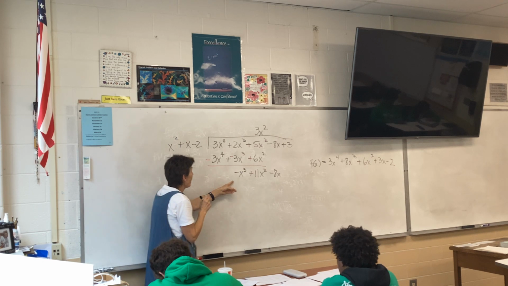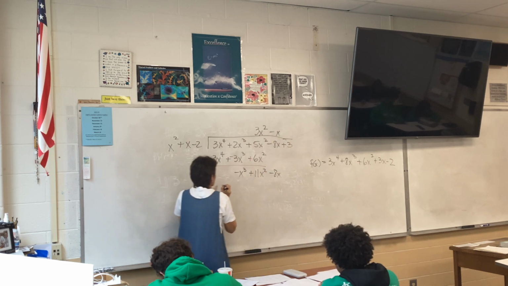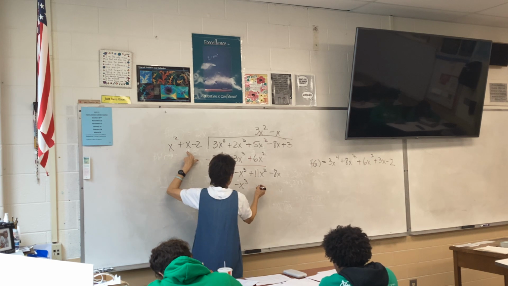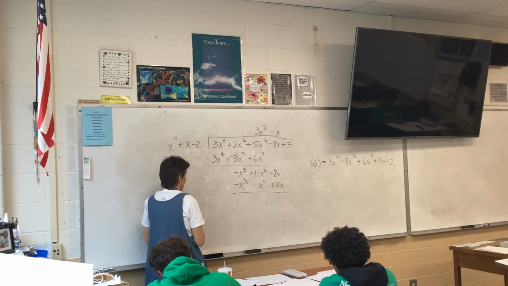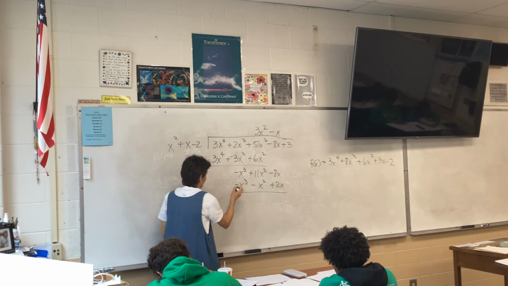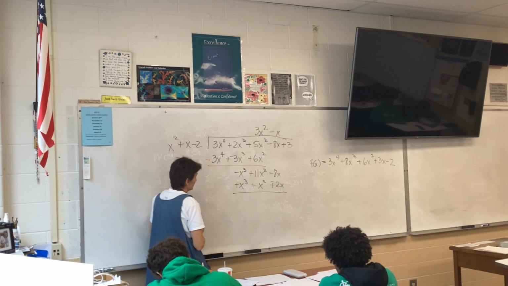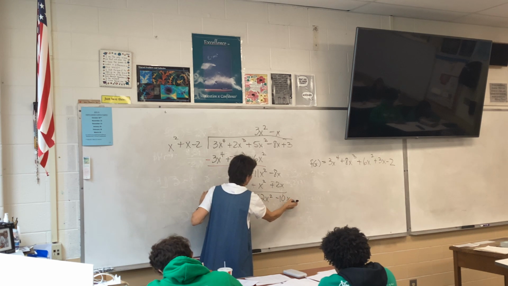What do I need up top to get this? -x. So -x cubed, -x squared, and +2x. So I got 12x squared minus 10x plus 3.